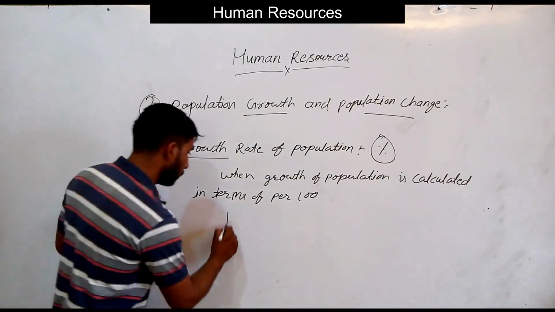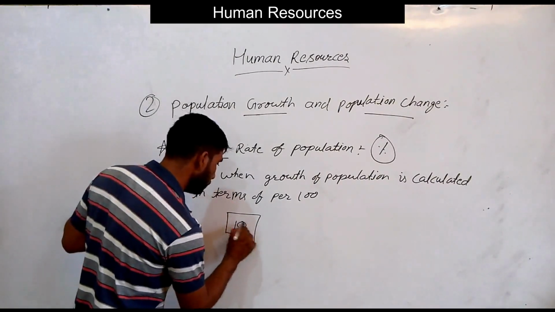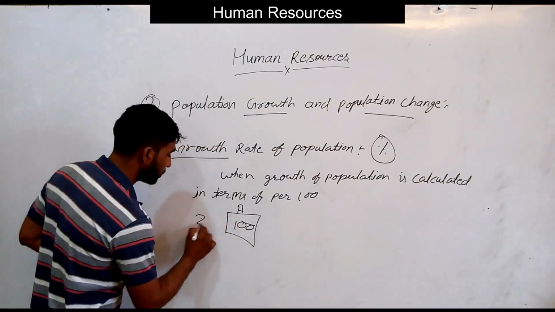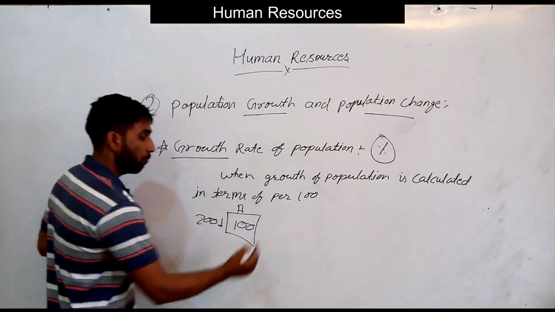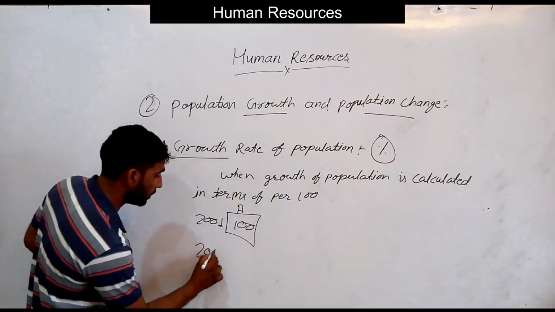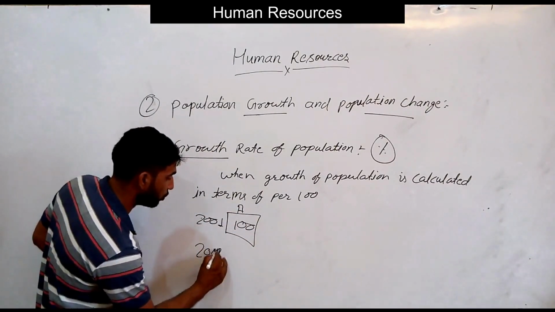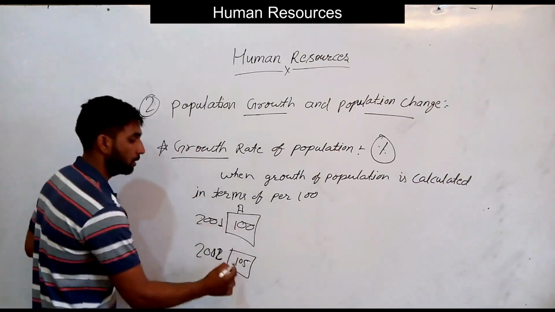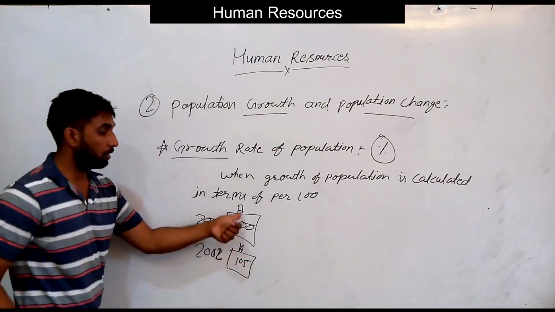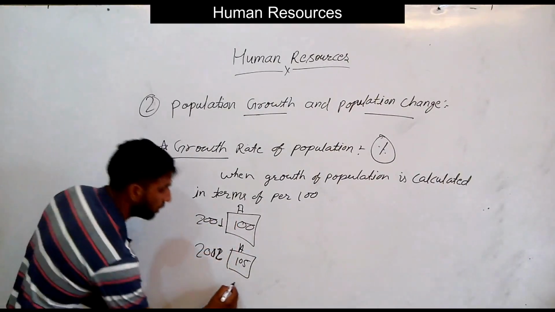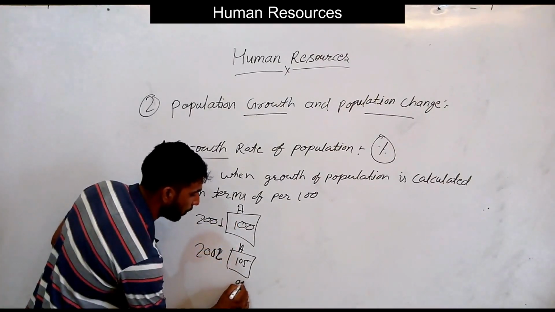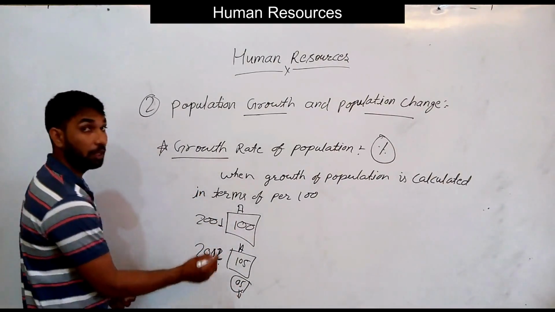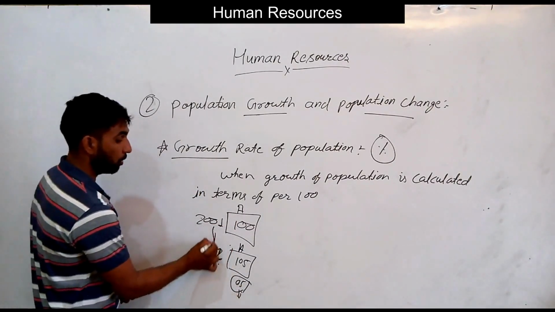Like in a particular place we have 100 people, point A, in 2001, but at the same place in 2002 there are 105 persons. The point is the same but the increase is 5 persons during the 1 year.